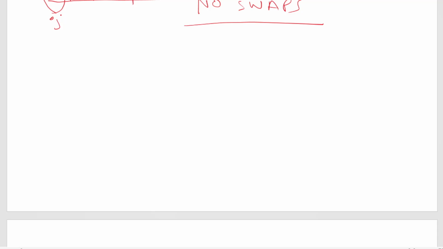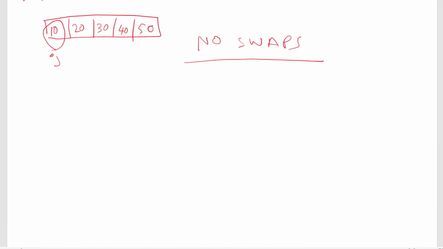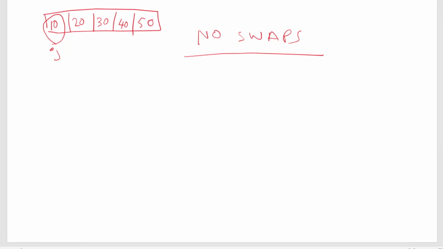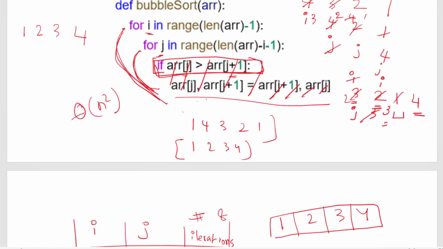Let's call the element k instead of j. 10 is smaller than 20, 10 is smaller than 30, 10 is smaller than 40, and 10 is also smaller than 50. Therefore, there will be no swaps. Now, if this is position j, and this is position j plus 1, according to the bubble sort algorithm that we saw previously, this if condition will never be satisfied.